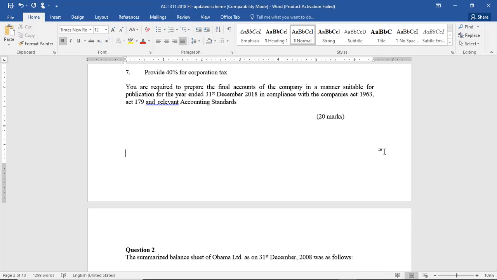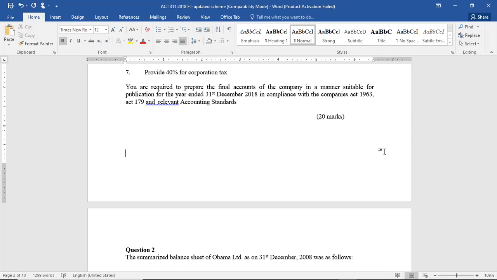Then you less administrative expenses. You less administrative expenses. And your administrative expenses can be seen in your note 4. Is that correct? Yeah.